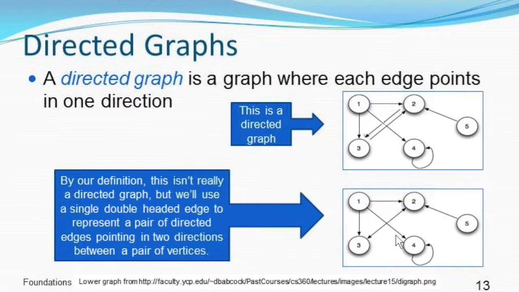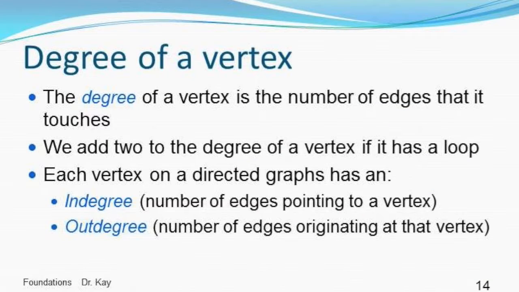But strictly speaking, this is a directed graph, and this is not because this particular edge happens to point in both directions. As long as you understand that, I'll let you draw your directed graphs like this.